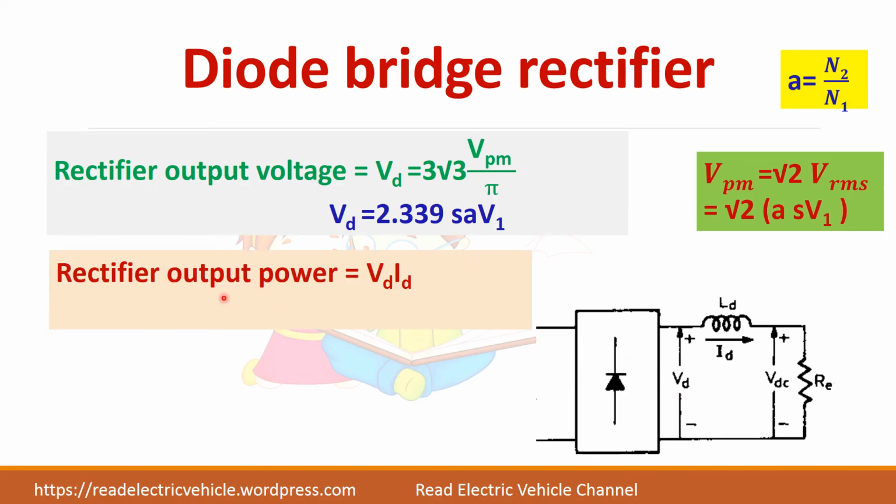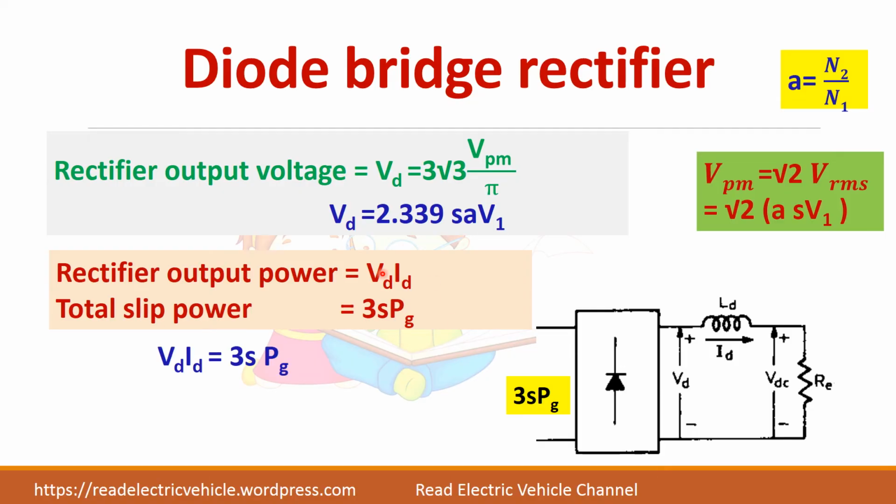Now the rectifier output power, you can write it as VD into ID. Power is VD into ID. What is slip power? So whatever the rotor power we have is 3S into PG. So both are same if there are no losses in the diode bridge rectifier.